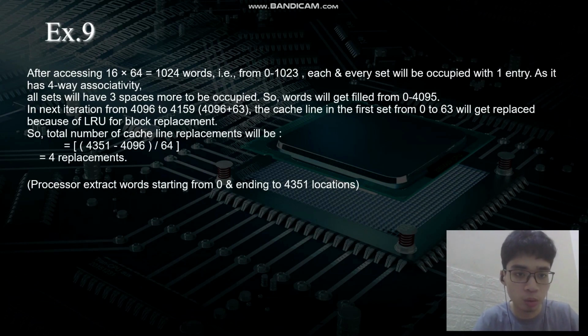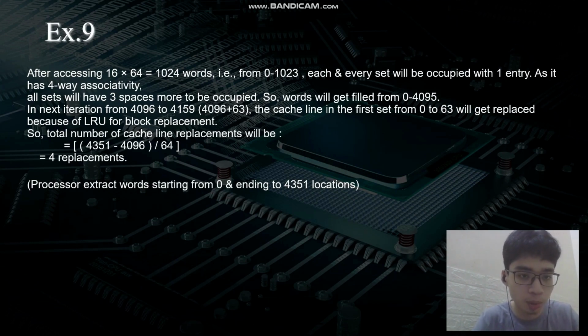All sets will have 3 spaces more to occupy, so words will get filled from 0 to 4095. In the next iteration, from 4096 to 4351, that is 4096 plus 255, the cache line in the first set from 0 to 63 will get replaced because of LRU for block replacement.